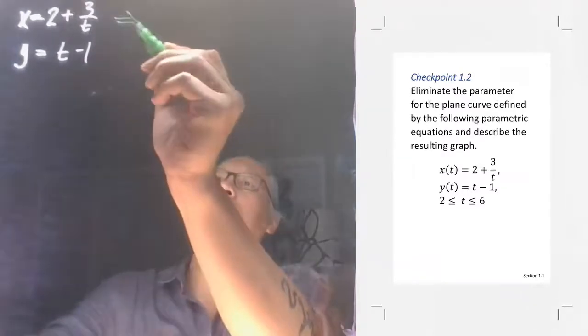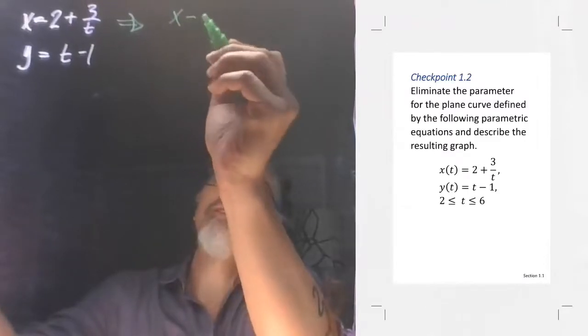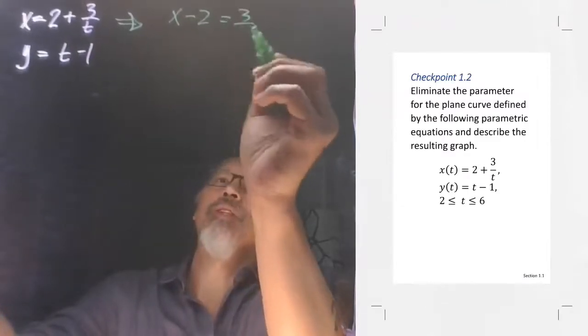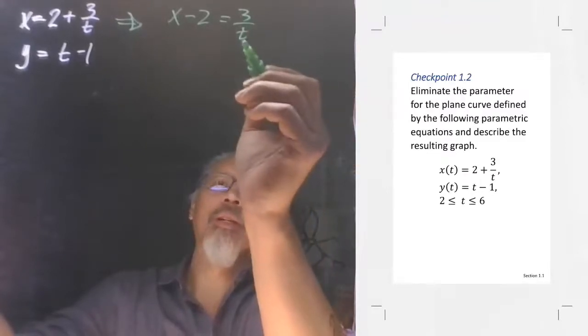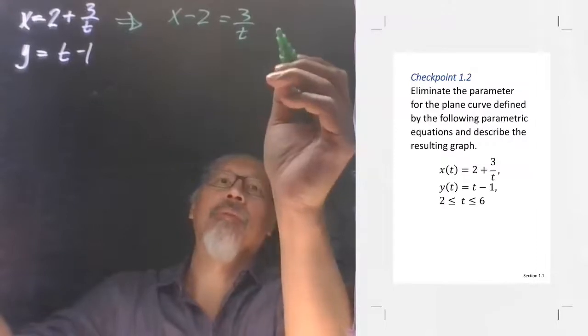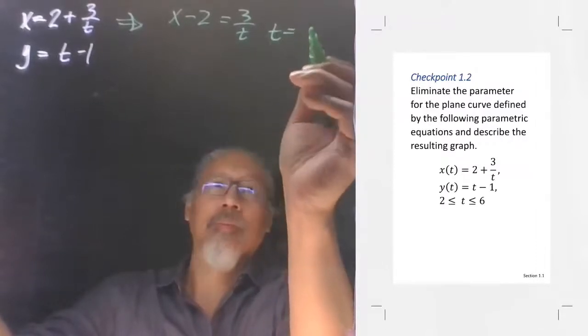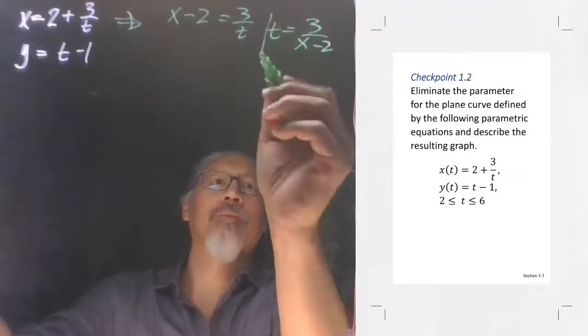So if we do it this way, we will get x minus 2 is equal to 3 over t, and we will get t is equal to 3 over x minus 2.